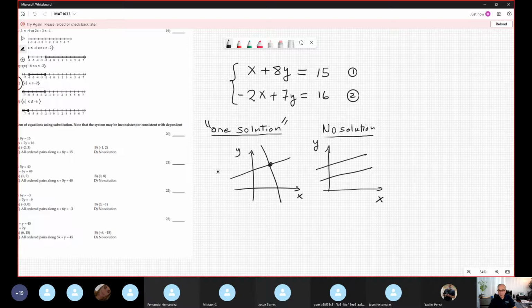And finally, another possibility in which the line is the same. Wow, the same line. At the beginning, you don't know very well because something is confusing, but when you analyze in detail, it's the same line. So in this case, we have infinitely many solutions.